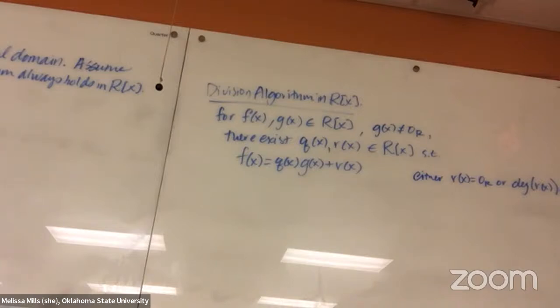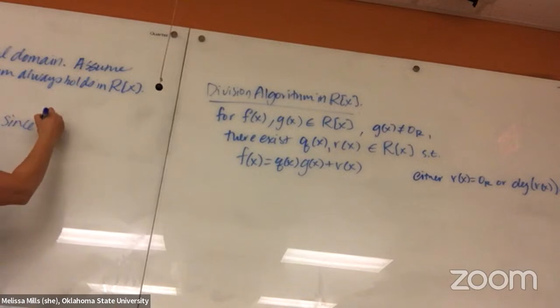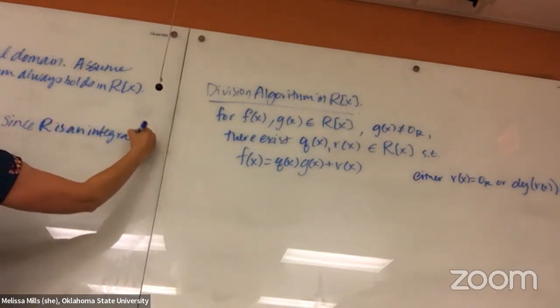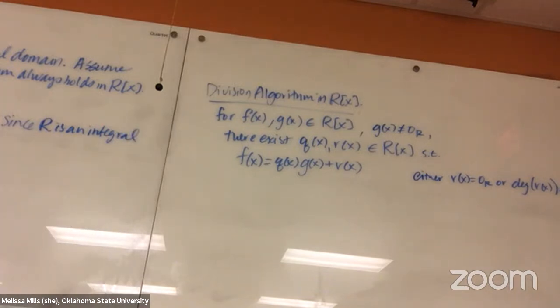Why does the identity element exist in R? Right, since R is an integral domain. Okay, so let F of X equal 1 R. And what do we want to let G of X be?